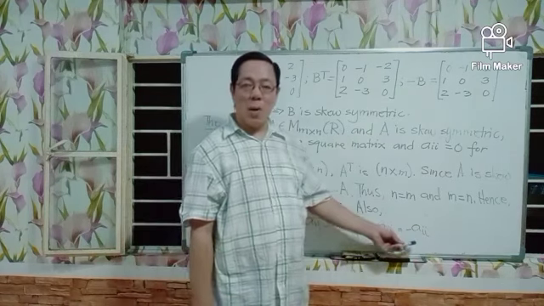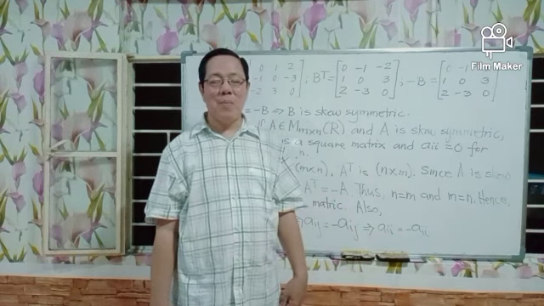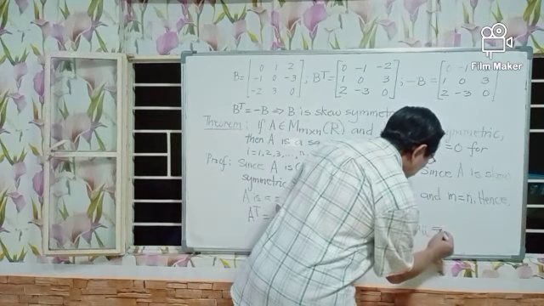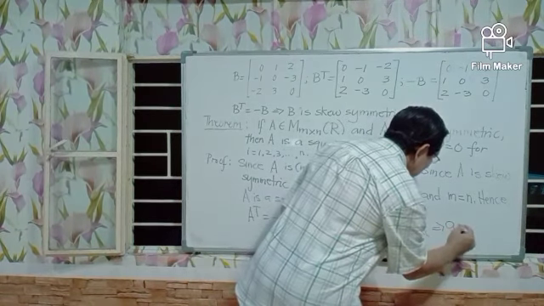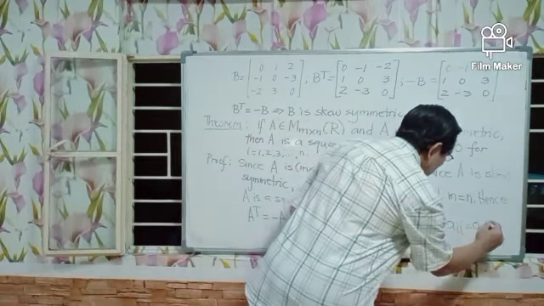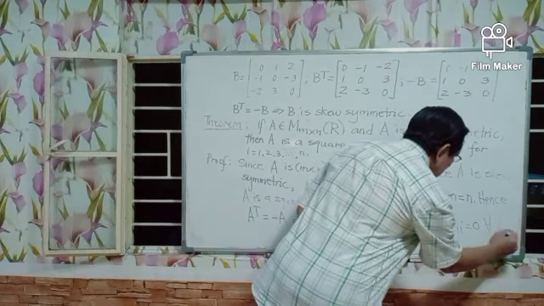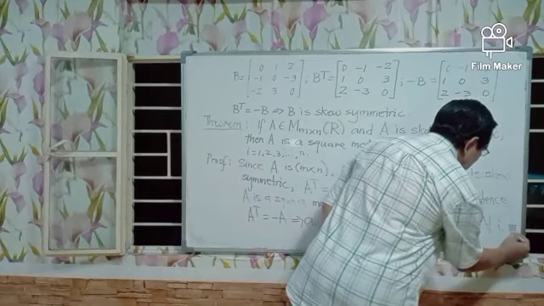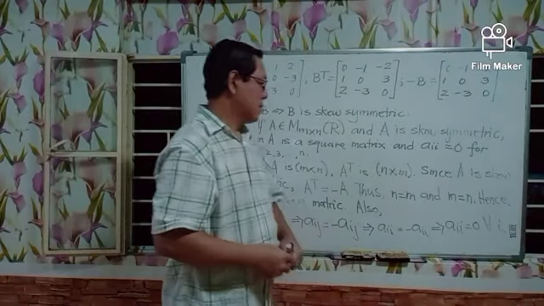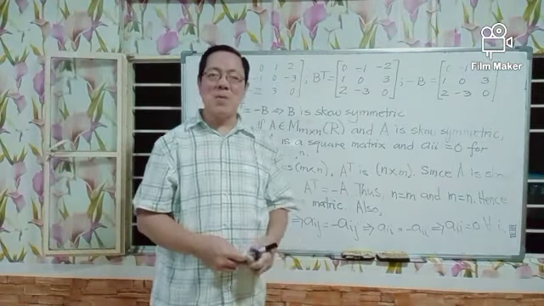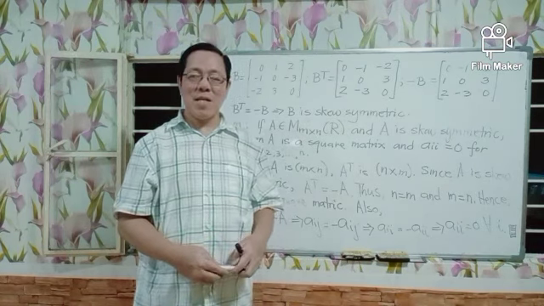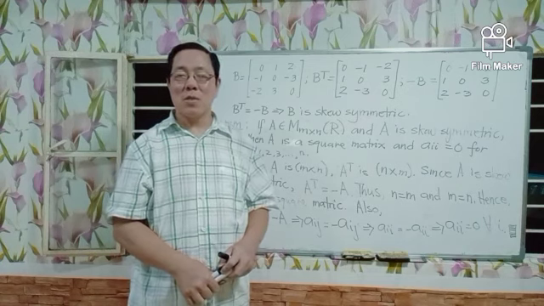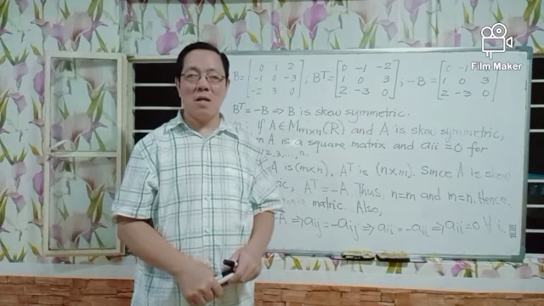And this can only happen if the real number is 0. Thus, we have shown that the diagonal entries of a skew-symmetric matrix A are 0.